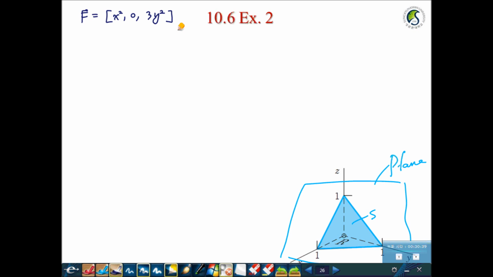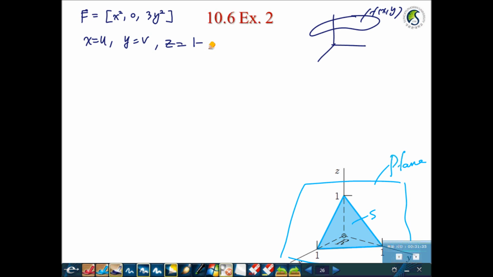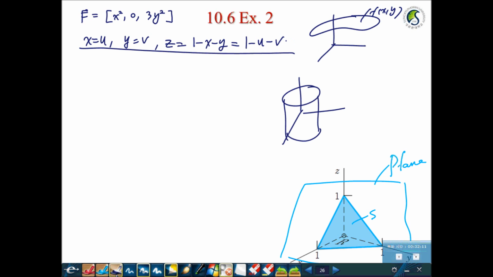How do you parameterize it? z is 1 minus x minus y, which is 1 minus u minus v. So r of u, v is (u, v, 1 minus u minus v).